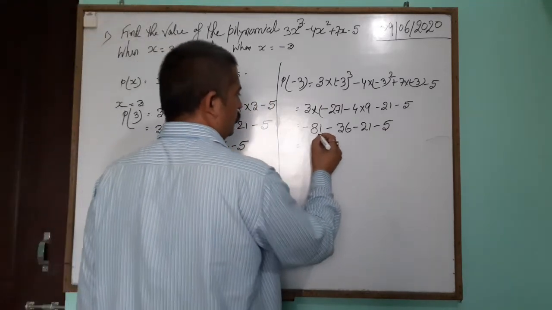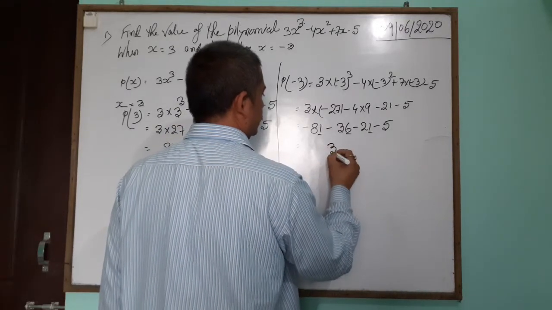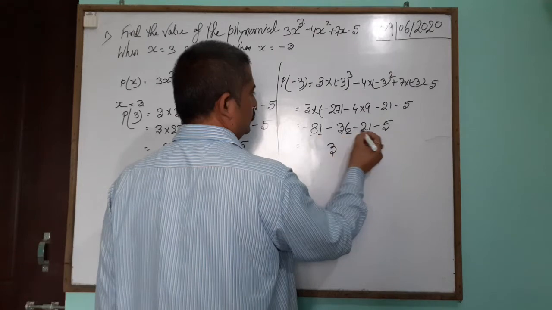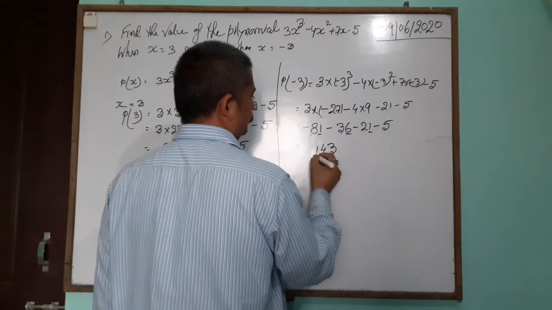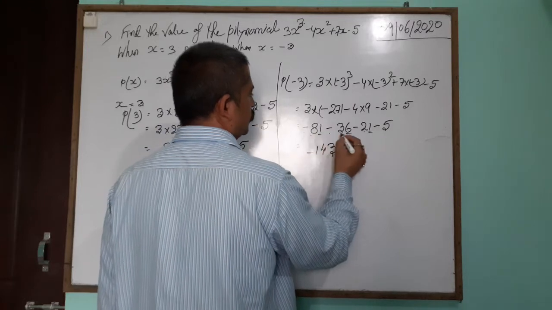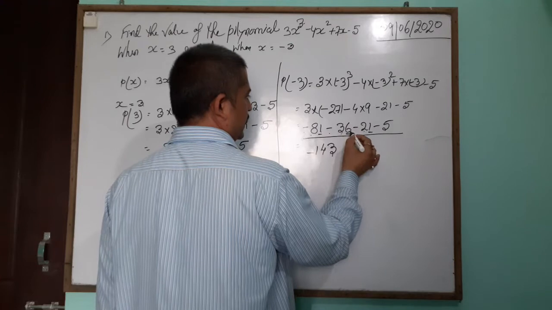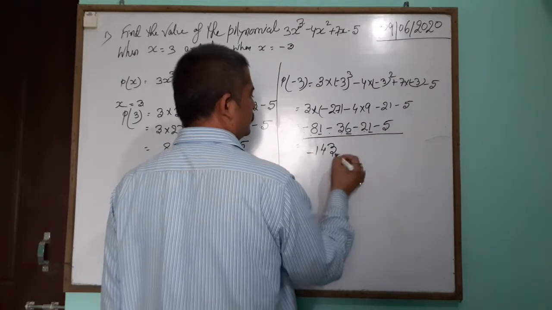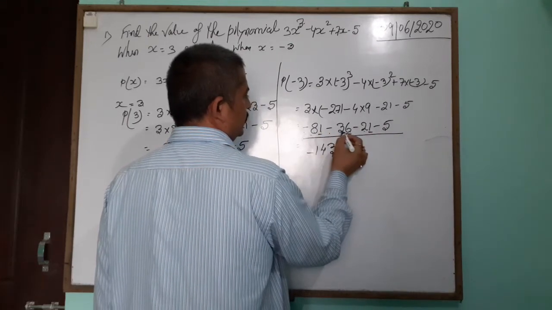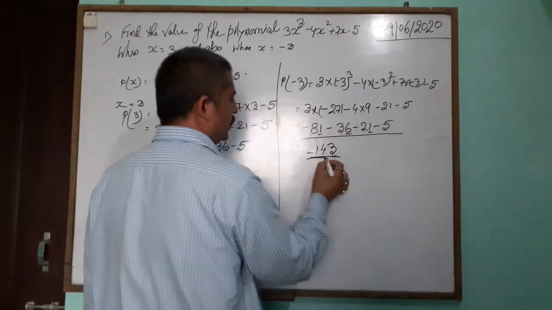So 1, 7, 1, 8, or 5, 13, 9, 12, 14. All are negative signs, so we add all the numbers. So 1 plus 6, 7, 7 plus 1, 8, 8 plus 5, 13, 13 plus 9, 22... 143.